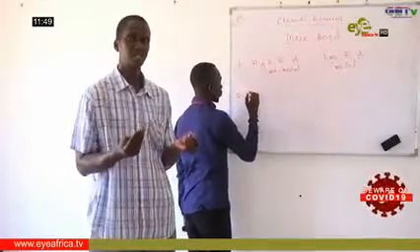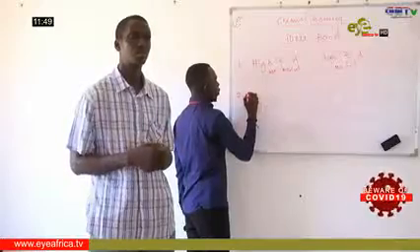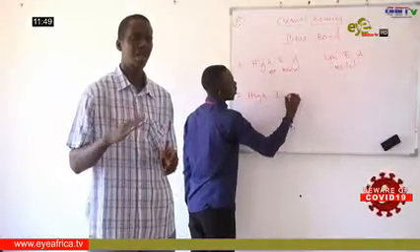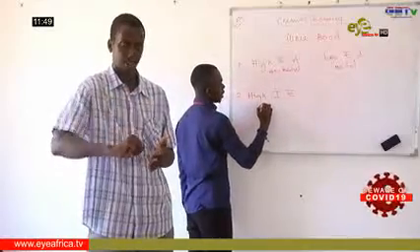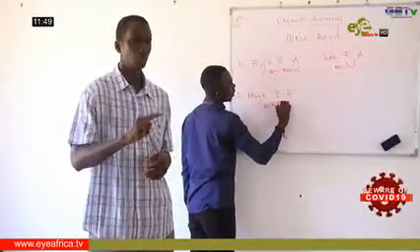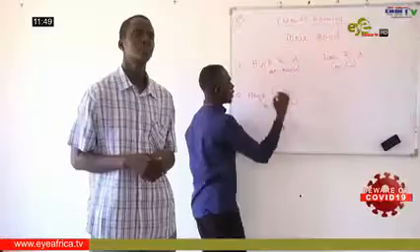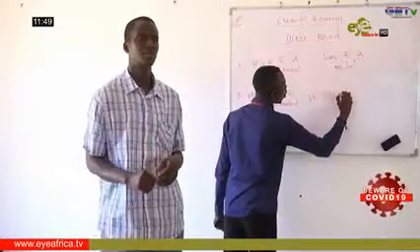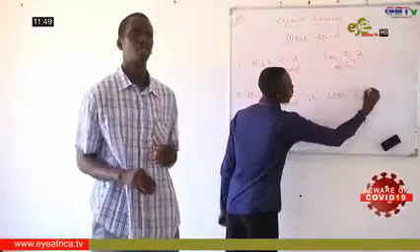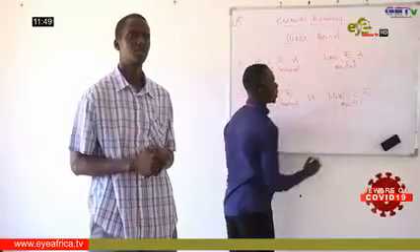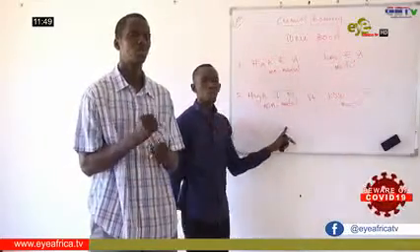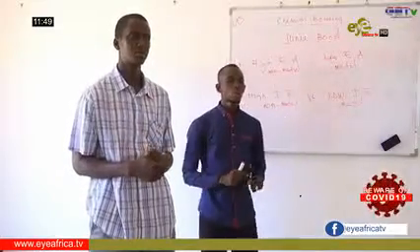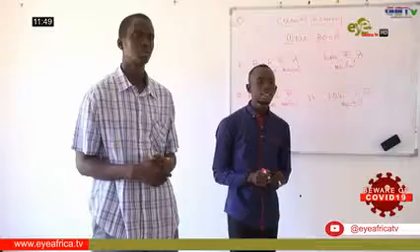So whenever a non-metal with high ionization energy reacts with a metal with low ionization energy, they tend to form a strong ionic bond readily. Strong ionic bond readily.